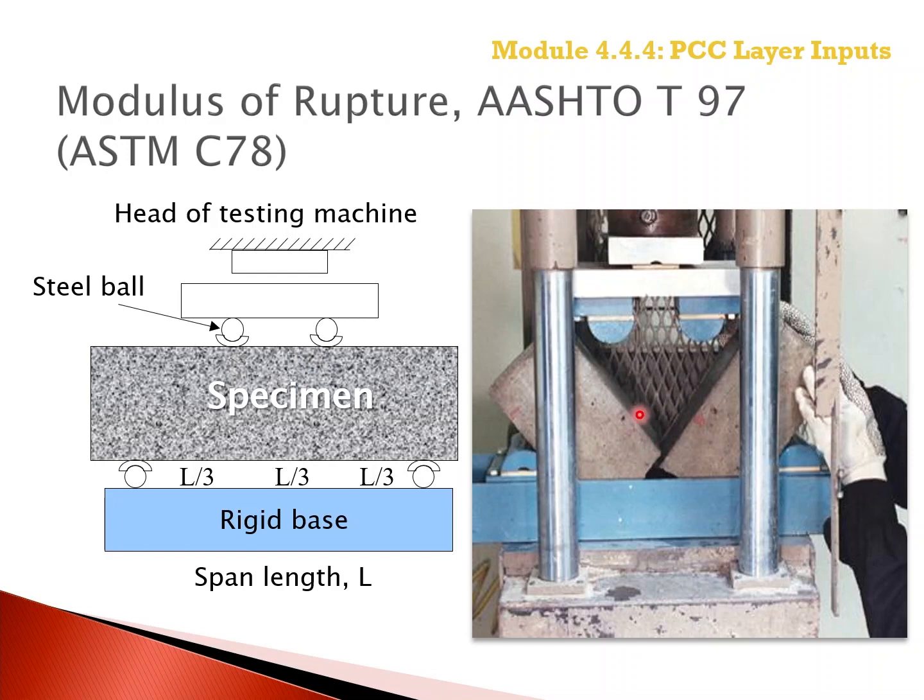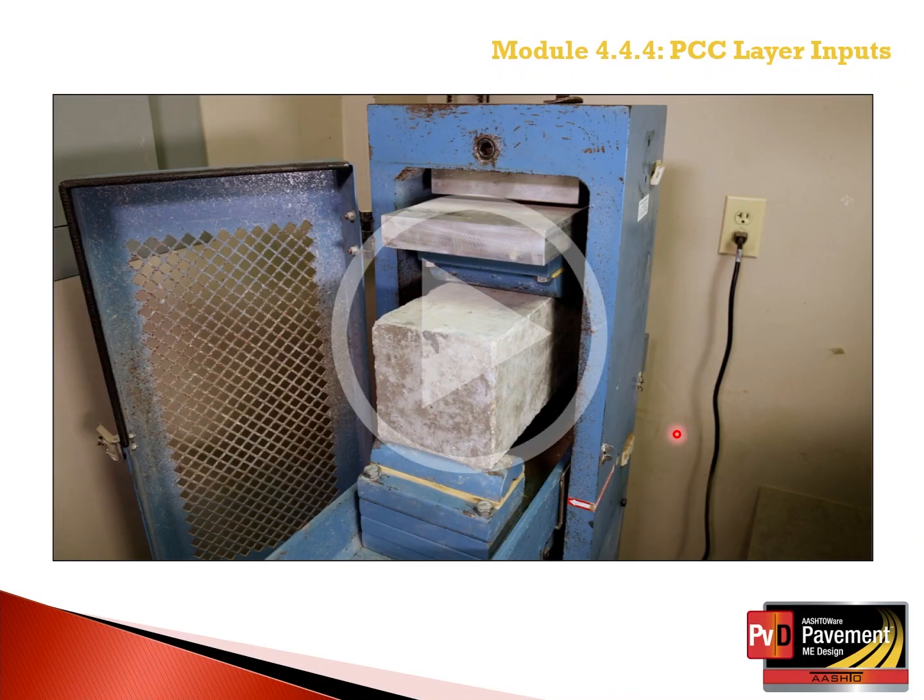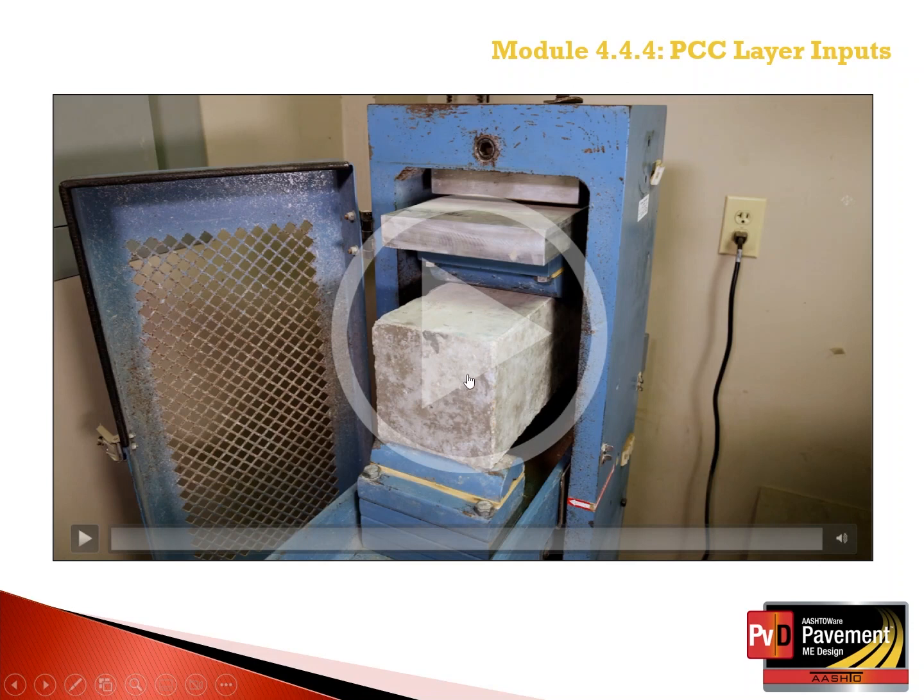The fracture typically initiates in the tension surface within the middle third of the beam span length. This slide includes a short video clip of the flexural beam strength test to measure the modulus of rupture.